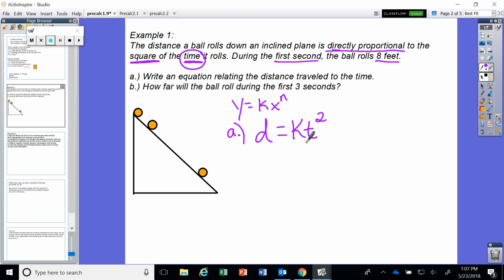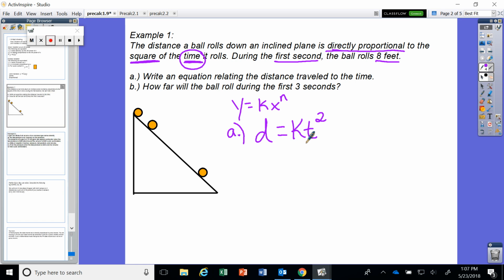Well, this is not an equation relating the distance to travel to the time, because as of right now, I can't use k. K is just a random, arbitrary variable that we're using to represent the constant of variation. In this specific example, I have to know what it represents. What does k represent?